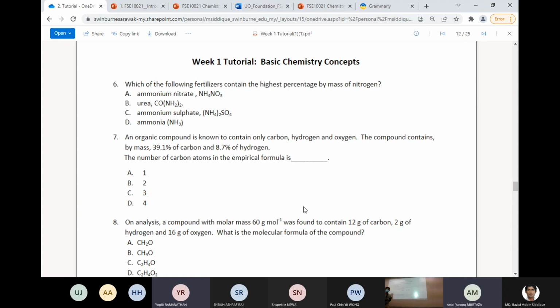We have to find the number of moles because we are going to do the simplest mole ratio. So number of moles: carbon is 12, hydrogen is 1.008.